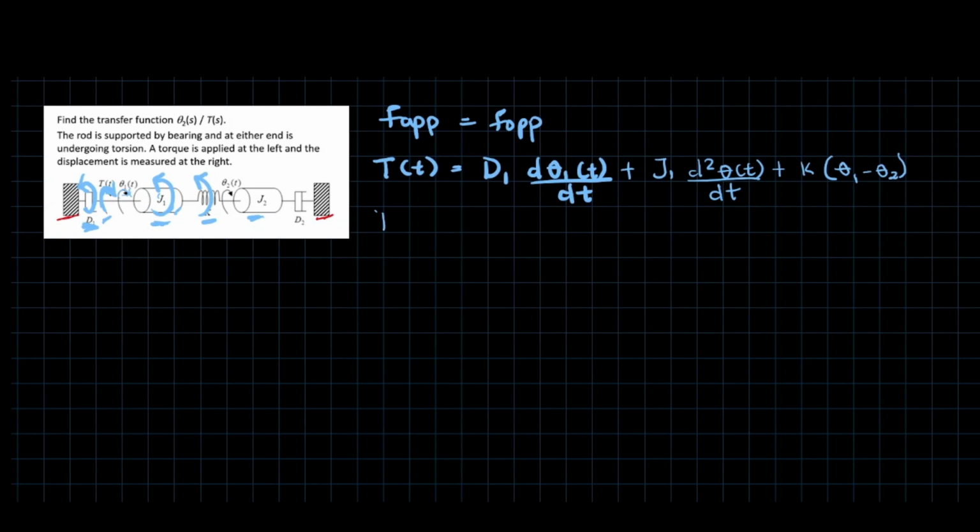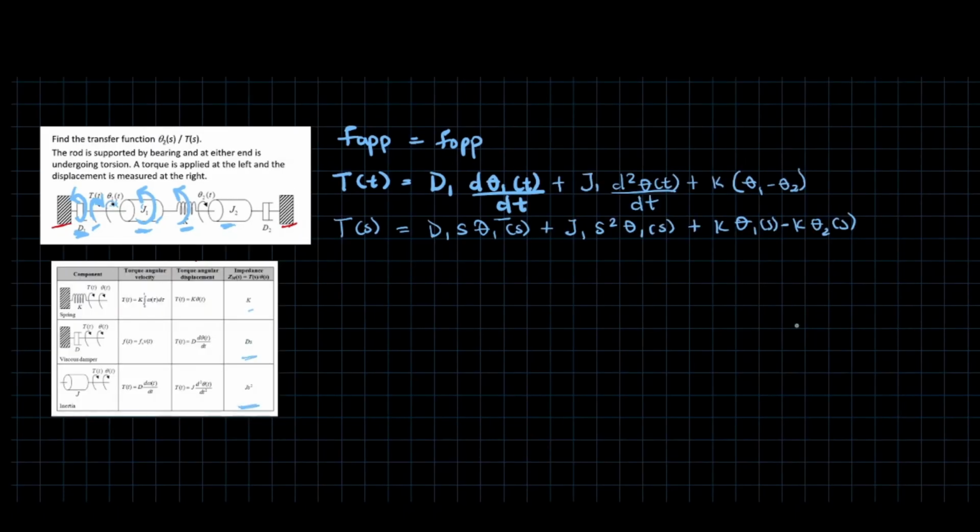It's going to be T of s equals D1 s theta 1 s plus J1 s squared theta 1 s plus K theta 1 s minus K theta 2 s. You can use this table as a guide. You can see K stays K, D becomes Ds, and J becomes J s squared. And then simply write your theta in the s domain.